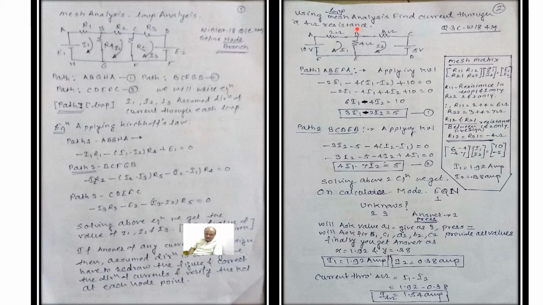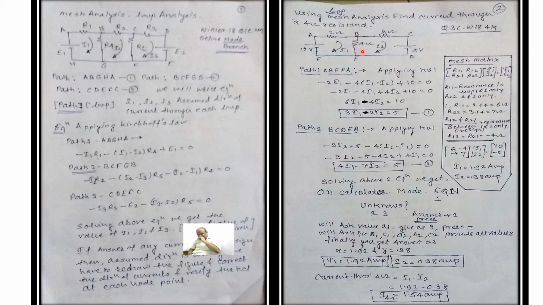One current is 1.92 and that flows from, suppose this is terminal A and this is terminal B. So we will speak in the language of A and B. So 1.92 is flowing from A to B, that means downside, and this 0.38 is flowing from this B to A.